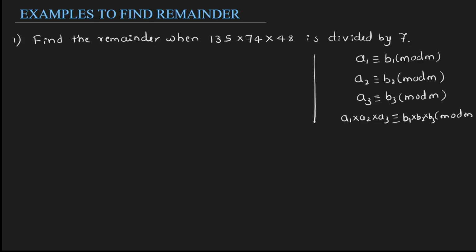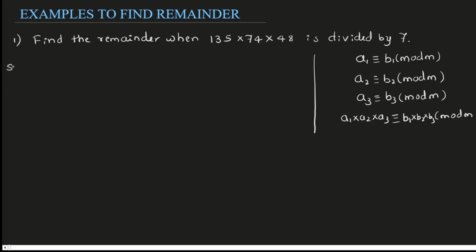Same logic you are going to apply. So you have to divide each number separately, express them in modular form, then you will get remainders, multiply the LHS, multiply the remainders. Simply you will get the answer.